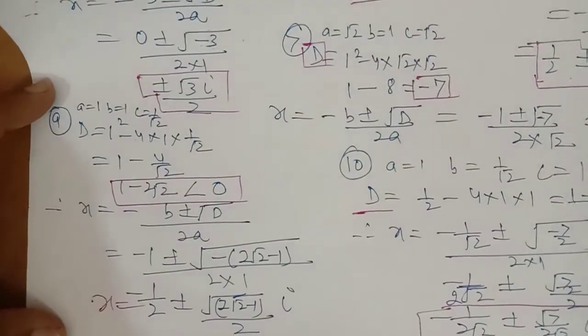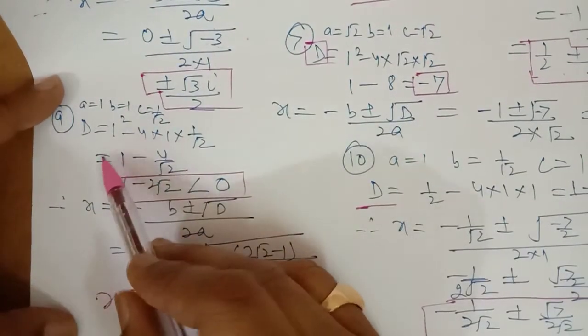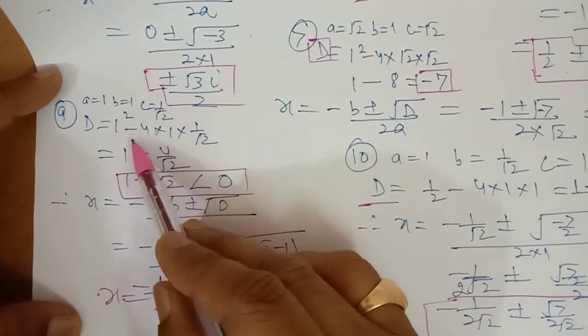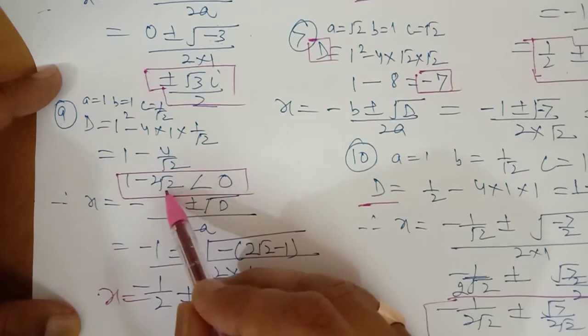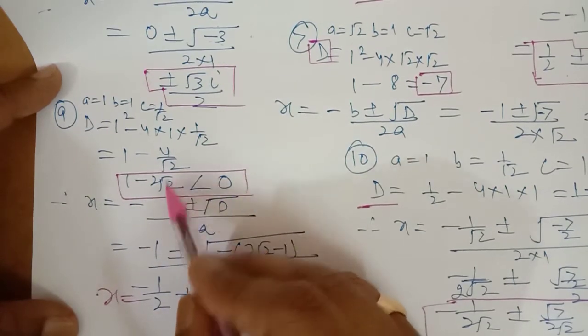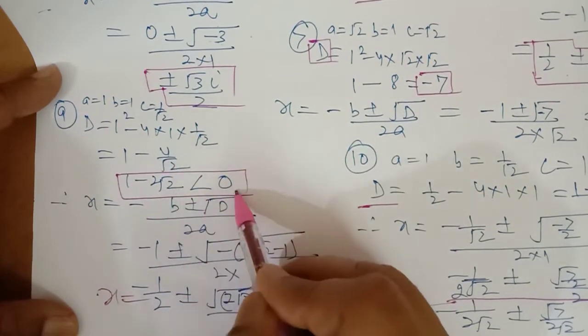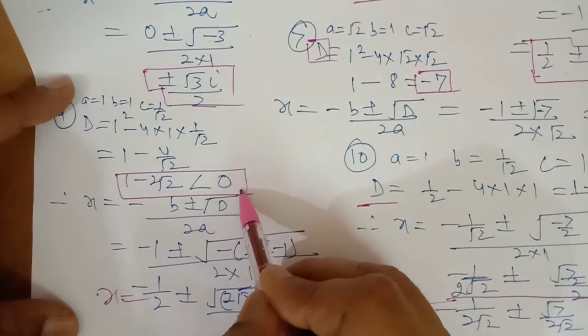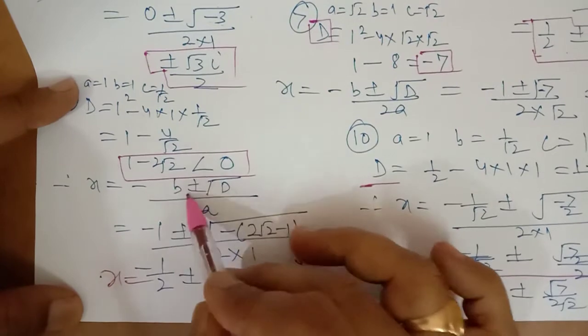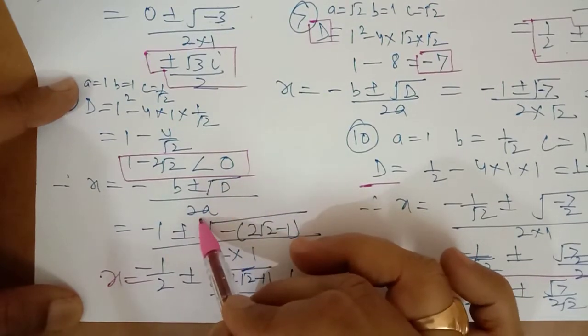You can easily do it, and let us take question number 9. Now if you see this, the discriminant will be 1 minus 4 upon √2, which you can write as 1 minus 2√2. Now this is less than 0. You see it very carefully: 1 minus 2√2 will be less than 0. So how do you have to solve it? Minus b plus minus root D upon 2a.